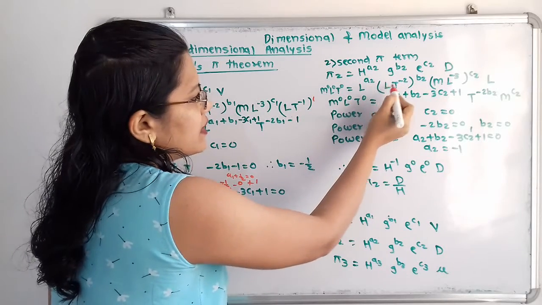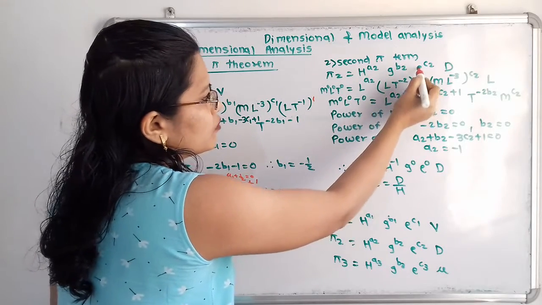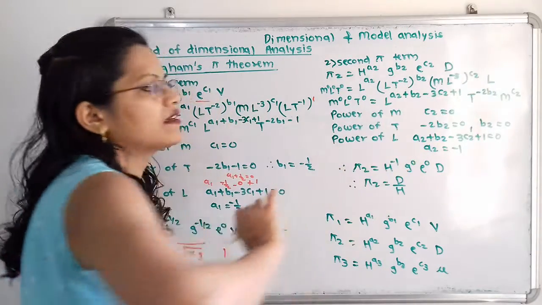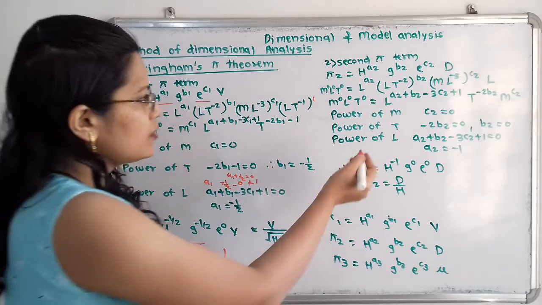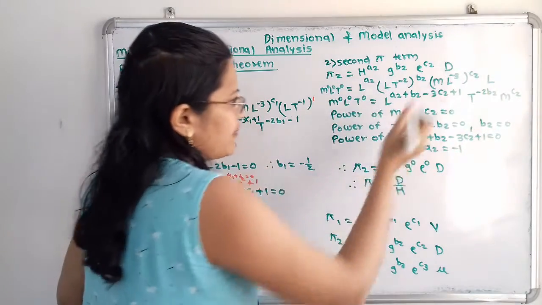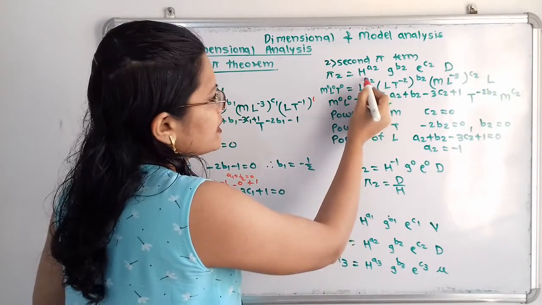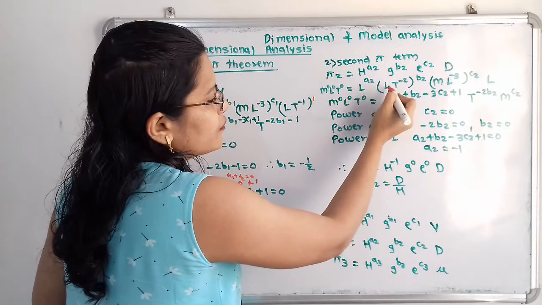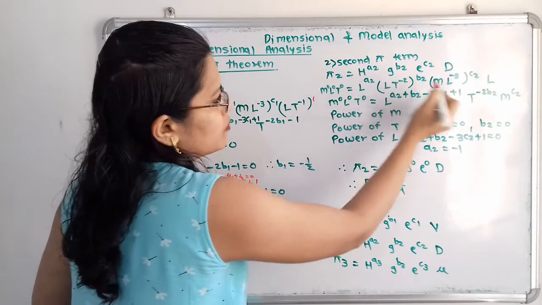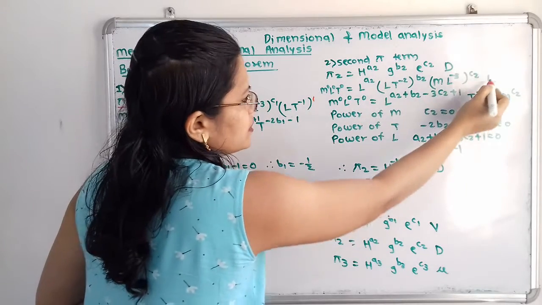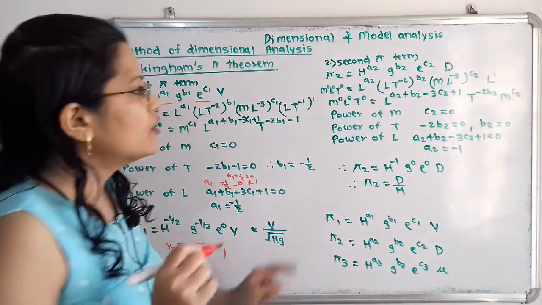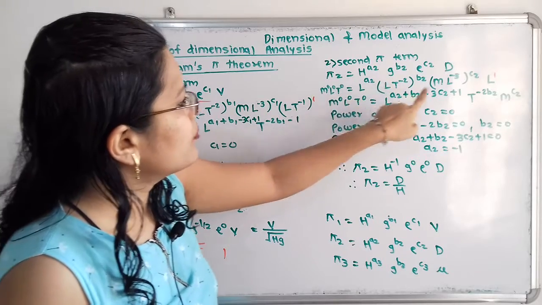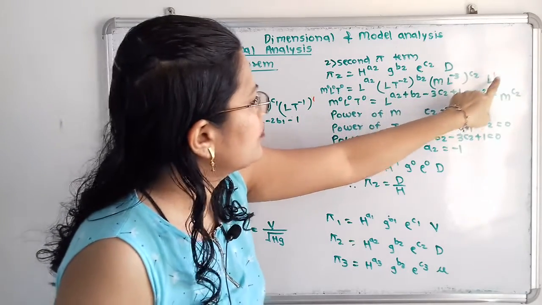For g, l into t raised to minus 2 into b2, rho, m into l raised to minus 3 into c2, and for d we will take here as a l. So now again we will simplify this. So for l it is a2, then here is b2. So here l raised to b2, here l raised to minus 3c2, and here is power 1. So we will write here a2 plus b2 minus 3c2 plus 1.